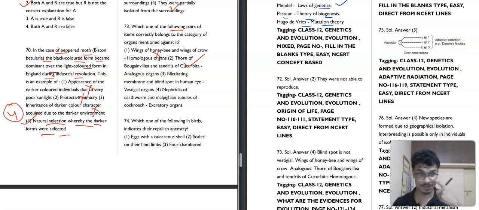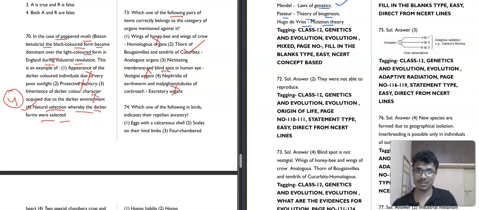Let's see. The nictitating membrane is kind of not that much important. Blind spot you all have. Nephridia of earthworm and Malpighian tubules of cockroach, excretory organ. Not correct. Okay. So this answer is second.